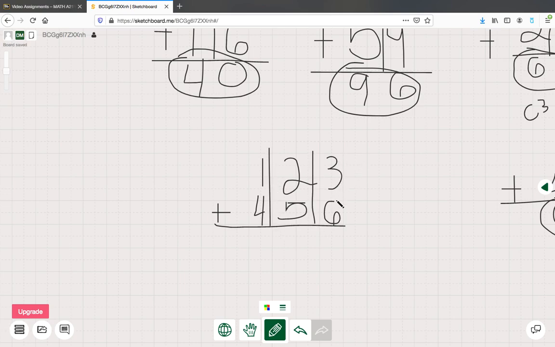So you know which numbers you add up and where you lend your additional number to. So let's see, 3 plus 6 is 9, so we don't have to lend anything. 2 plus 5 is 7, and 1 plus 4 is 5. See how neat and nice that is that we can tell?